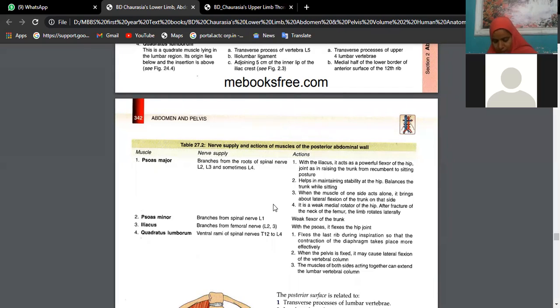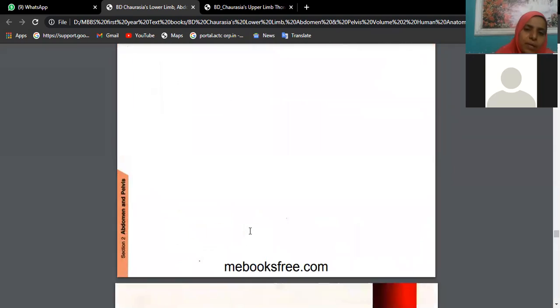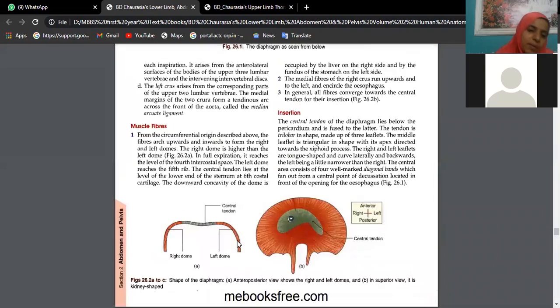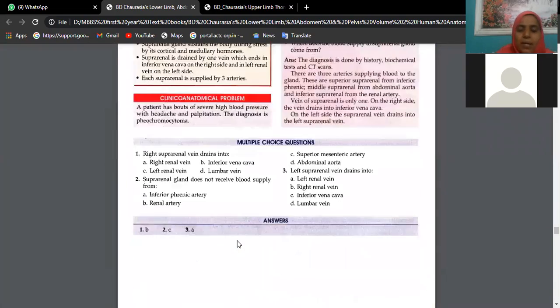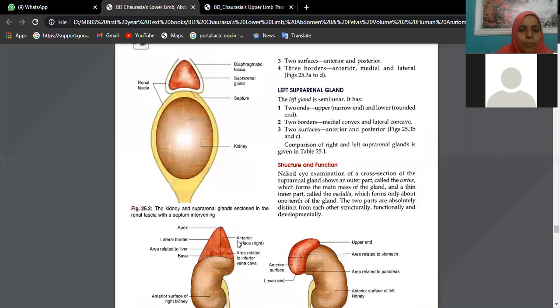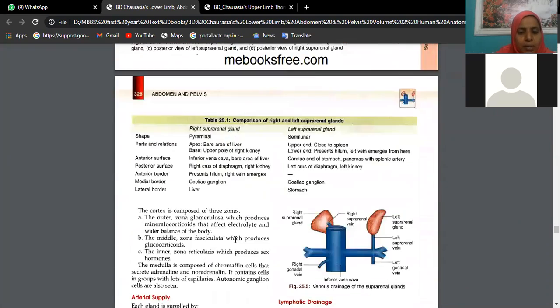What is the arterial supply of the suprarenal gland? We have three sets of blood vessels supplying the suprarenal gland: superior, middle, and inferior suprarenal arteries.